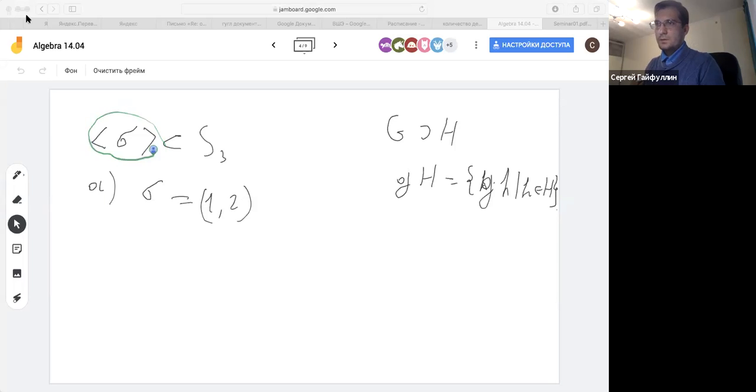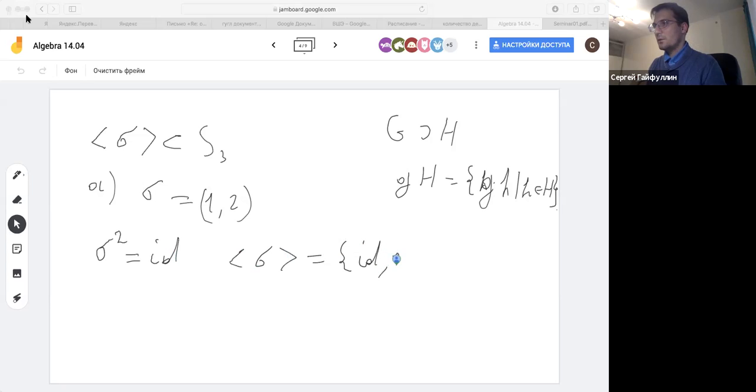This is the cyclic subgroup given by sigma. Cyclic subgroup means that it consists of all powers of sigma. But sigma squared equals the identity permutation. So there are just two elements in this group: the identity element and our element.